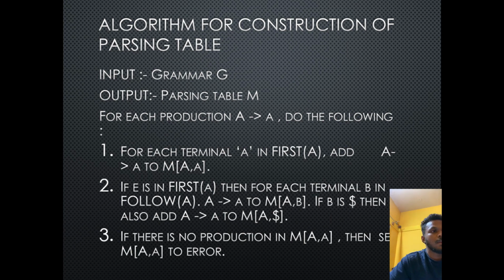Looking at the algorithm, the input is grammar G and the output is parsing table M. For each production A → α, we do the following.